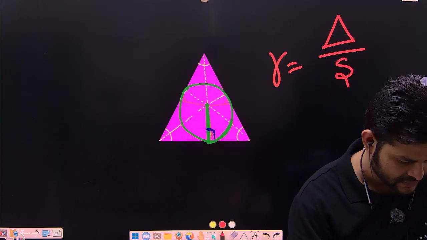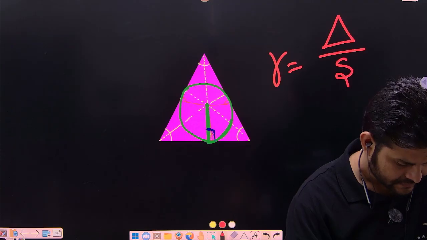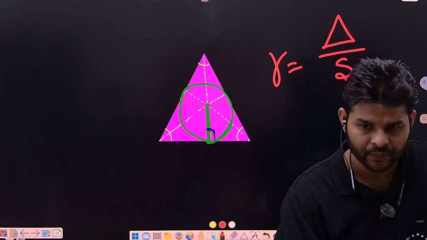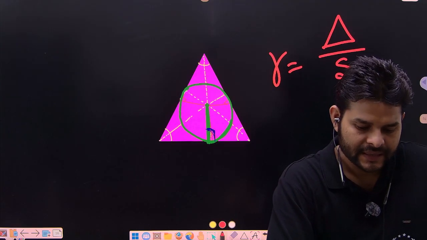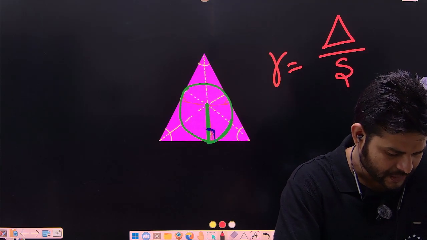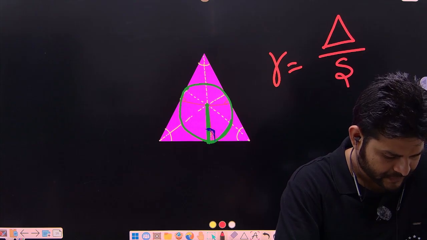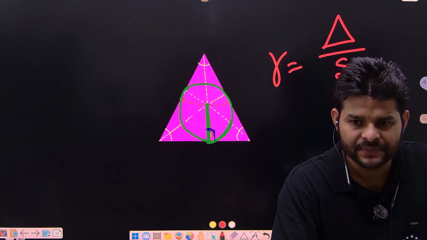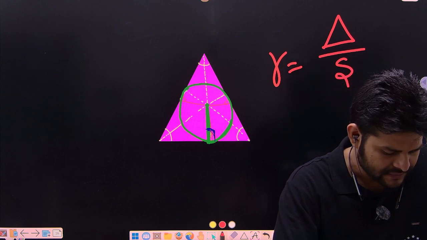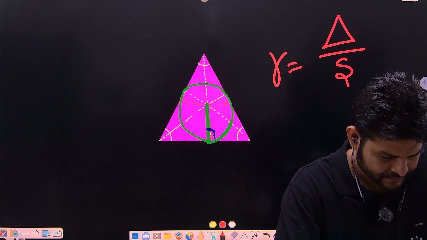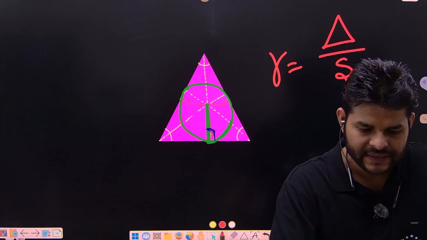The second point is, the incenter is the only point which is perpendicularly equidistant from all the sides.